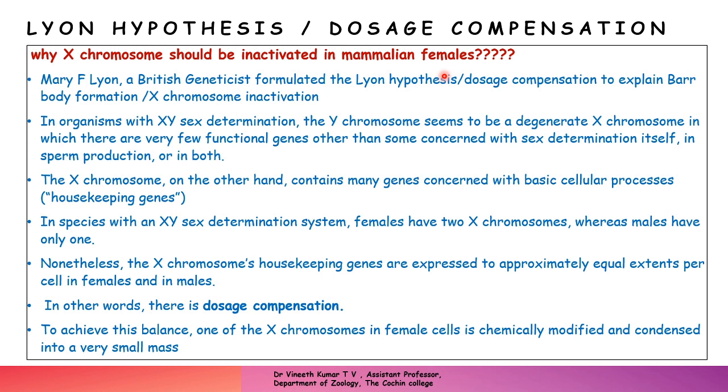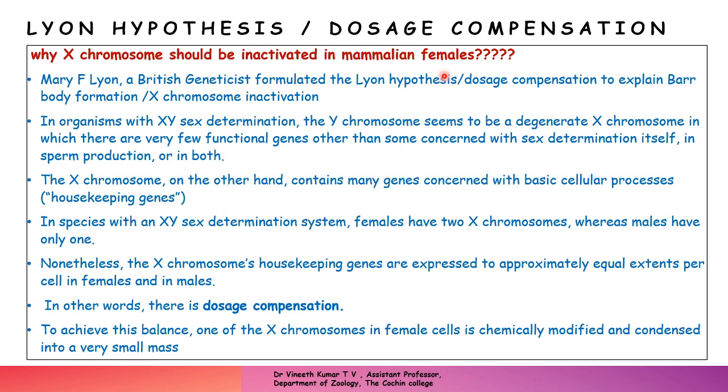It also has many genes concerned with housekeeping, that is, the normal functioning of the body, like somatic functions, which help in the normal activity of the body other than sex determination. And even though this X chromosome is condensed, some housekeeping genes are always transcriptionally active in it.